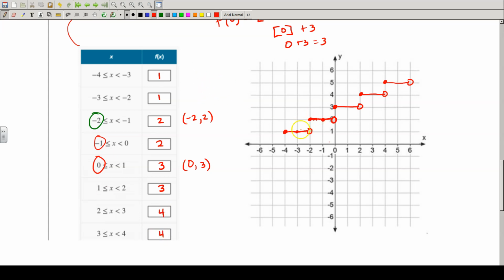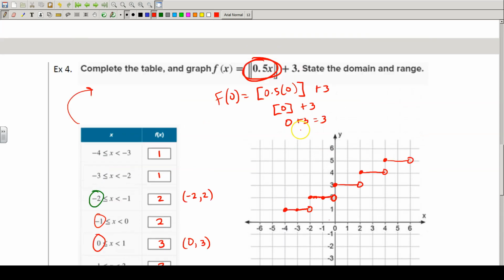Okay, so this is a step function, and basically what happened there is because we had a 0.5x, that meant that 2 x values, or a span of 2, was giving us the same y value. We're going to talk about transformations in a little bit in 1.7, but this 0.5x actually represents a horizontal stretch.